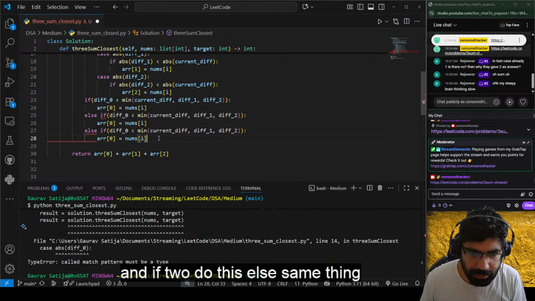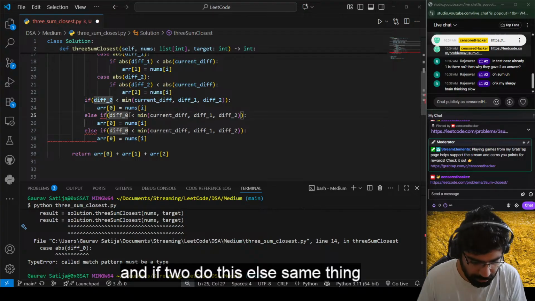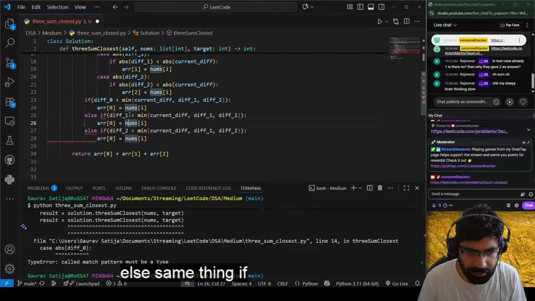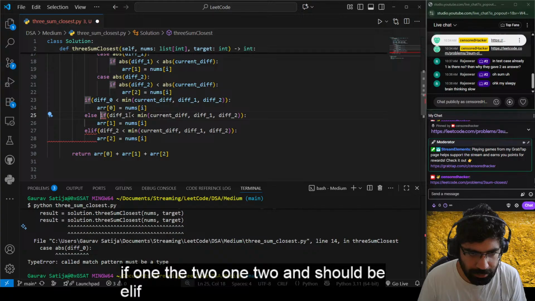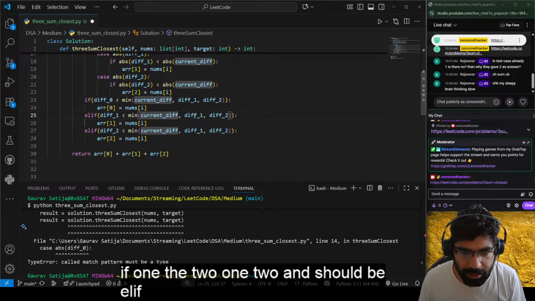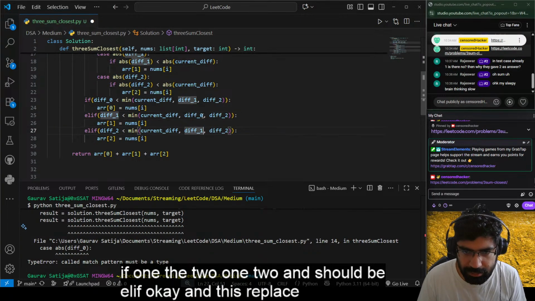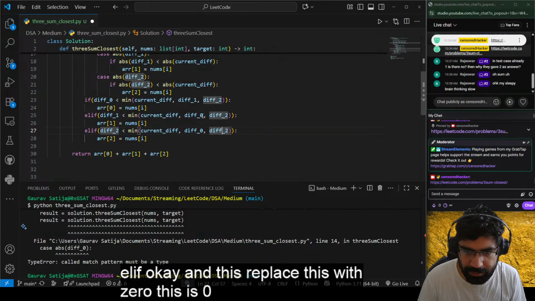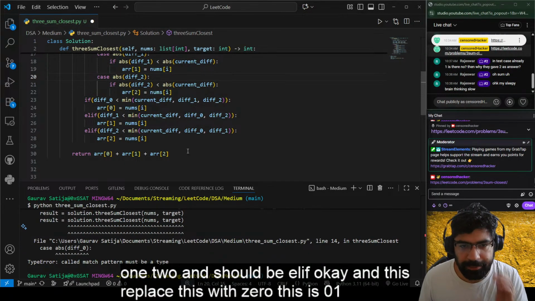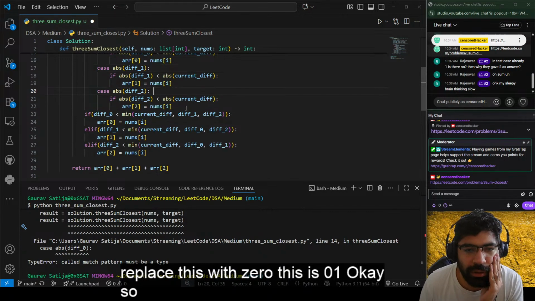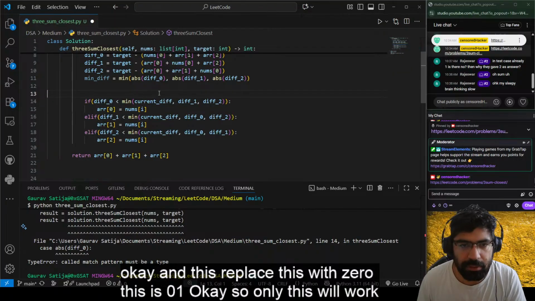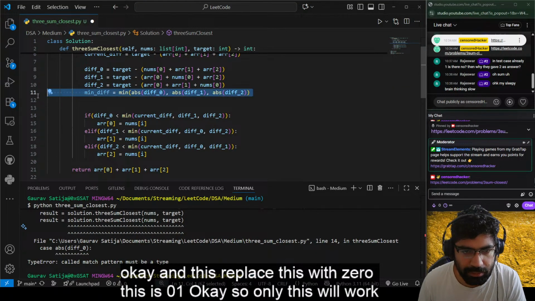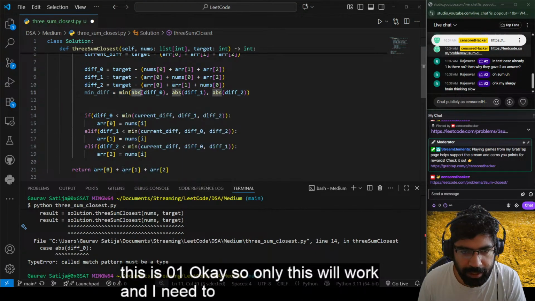Oh, diff 1, diff 2, 1, 2, and it should be ELIF. Okay, and replace this with 0, this with 0, and this with 1. Okay, so only this will work. And I need to add absolute everywhere.